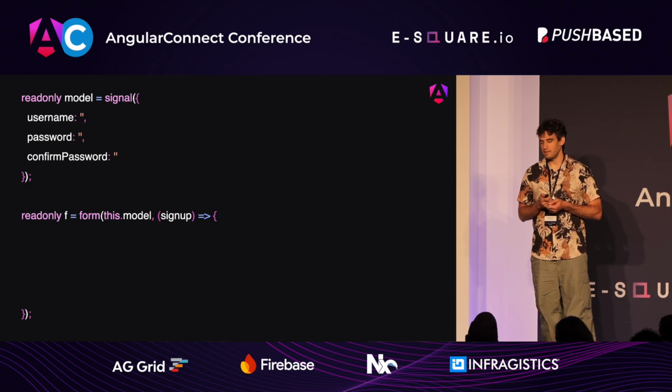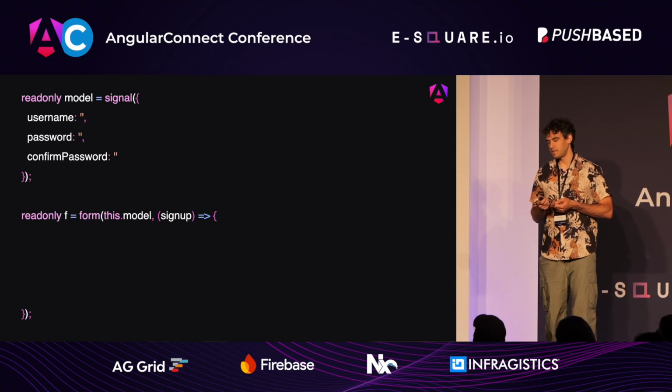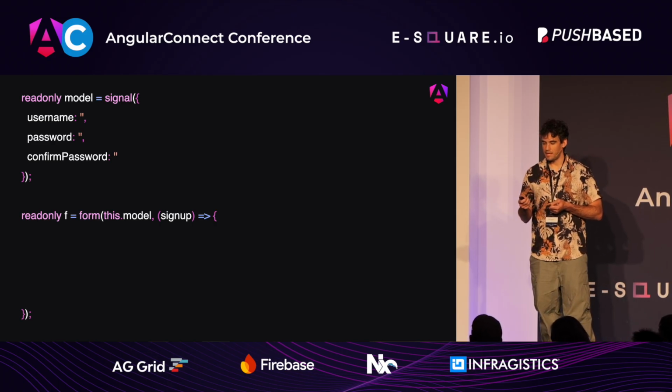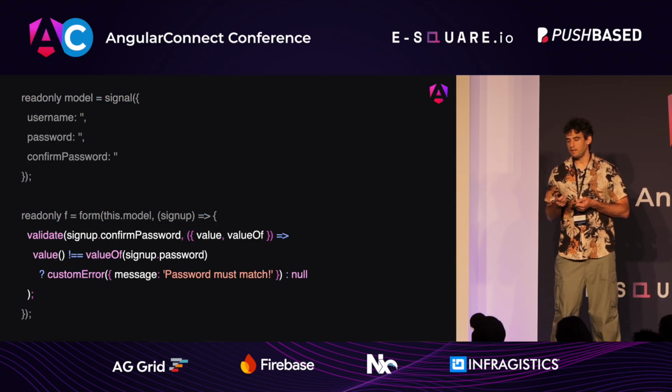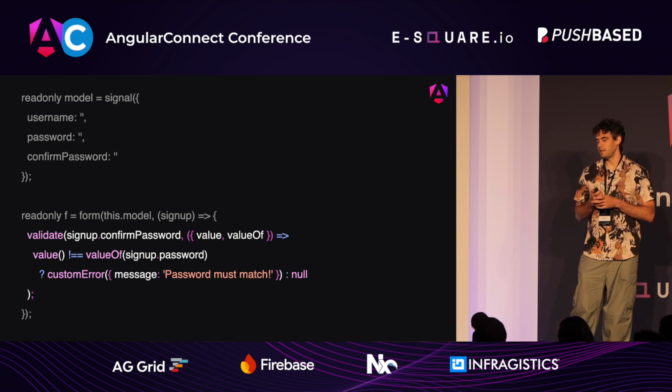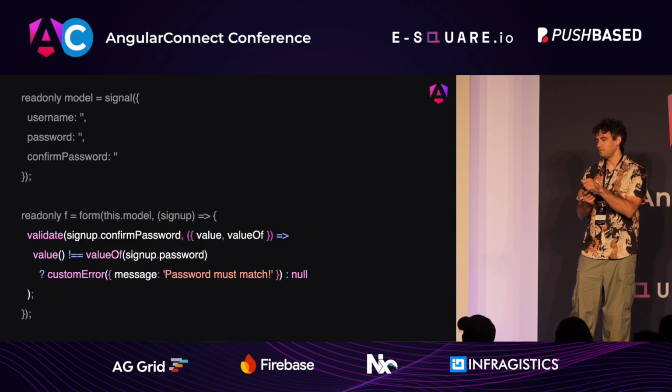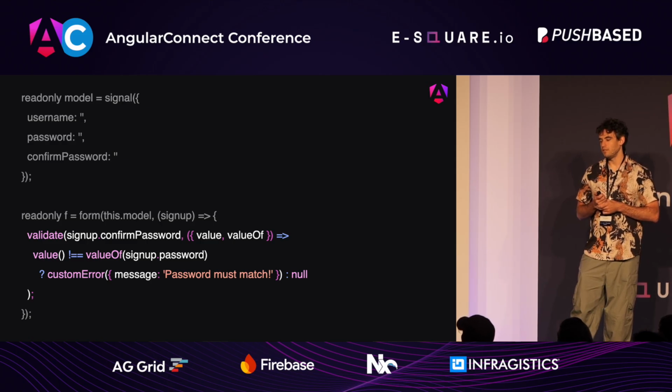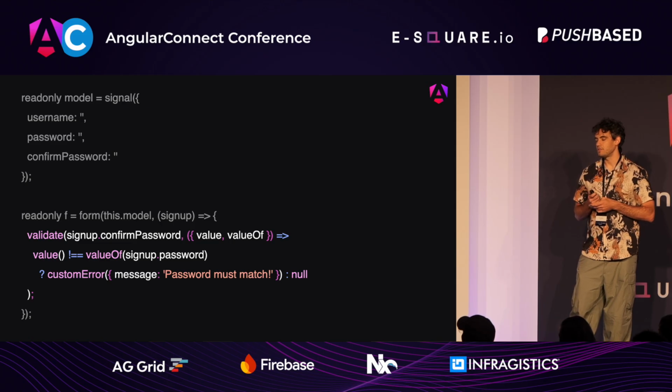So again, we can set up our schema, taking in our sign-up form. And then in order to do this cross-field validation, I use a validate function like Alex just showed. He showed how you can get the value of the current field in your validation function. So you can actually destructure some other things out of this field context as well.